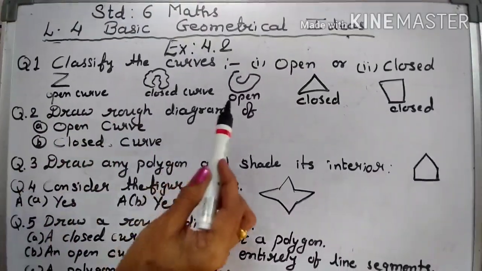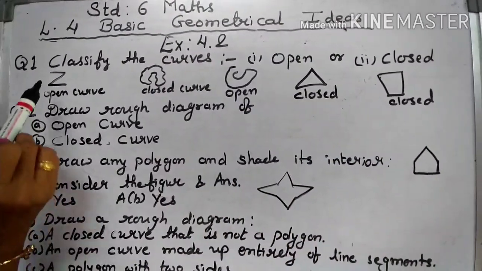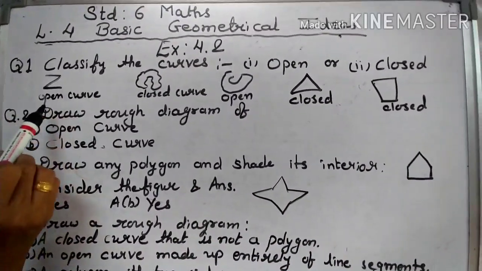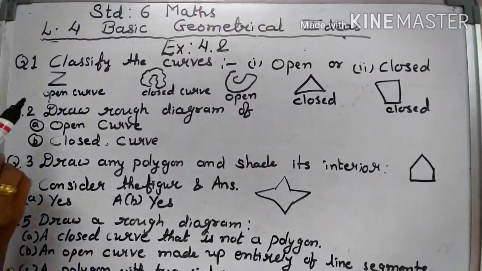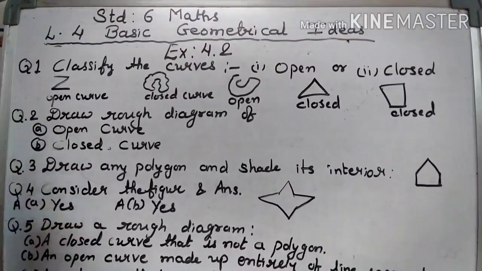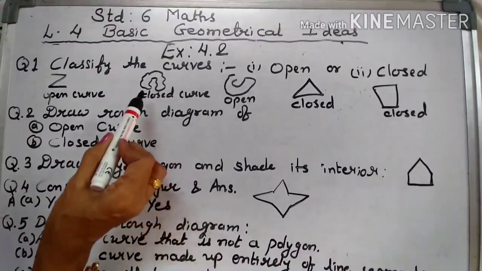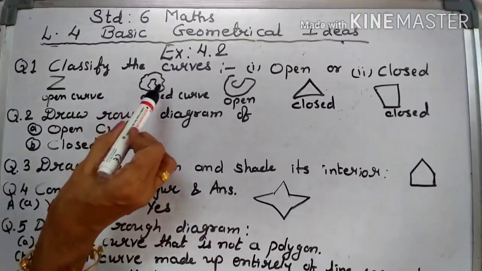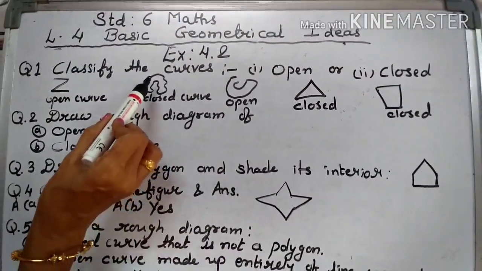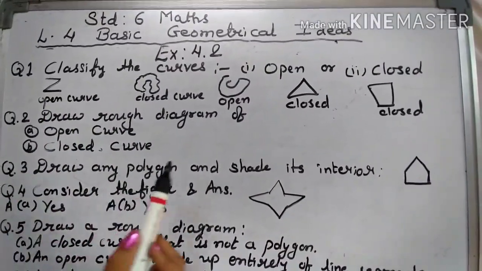You have to classify these figures into open and closed. First one, look at this figure. This is your open curve because the starting point and ending point do not meet together. So this is your open curve. Look at this figure. It is a closed curve. Why? Because the starting and ending point are joined together.